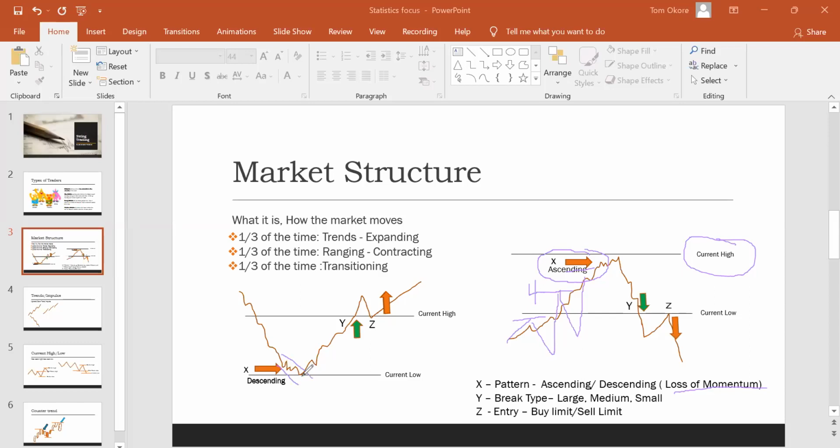That's why it turned. Similarly, this market was going up, and then here it will be losing momentum. And as it loses momentum, then what happens? It turns downwards. It's in that turning that we look for some conditions.